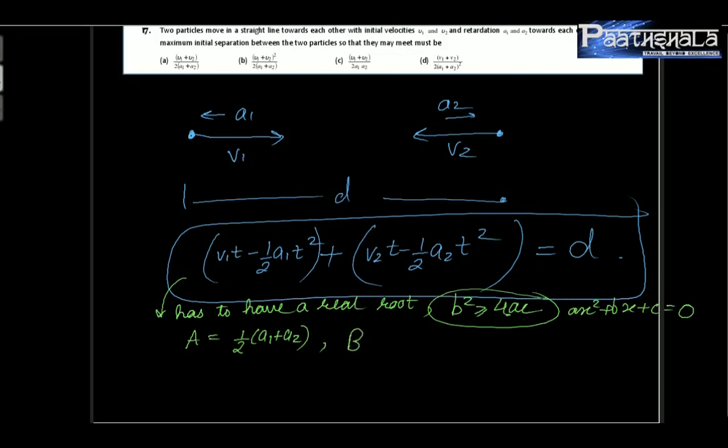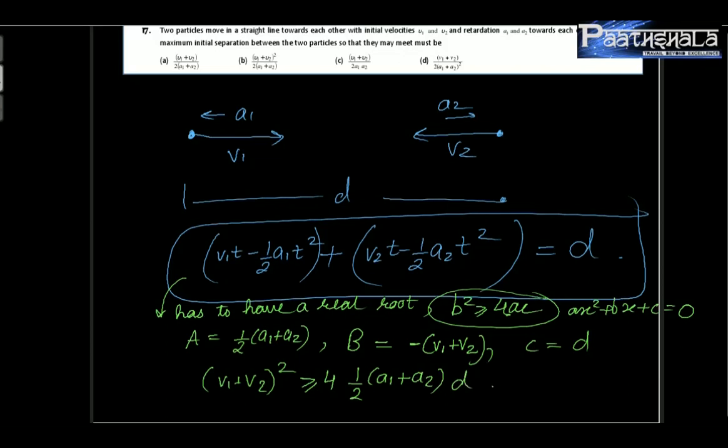The value of b is the coefficient of t, which is actually equal to minus of V1 plus V2, and the value of c over here is simply D. So what does this imply? That b square, that is V1 plus V2 the whole square, has to be greater than or equal to 4 times a, which is half of A1 plus A2, times c. C has a value D. Alright, so this is greater than or equal to 2D into A1 plus A2.